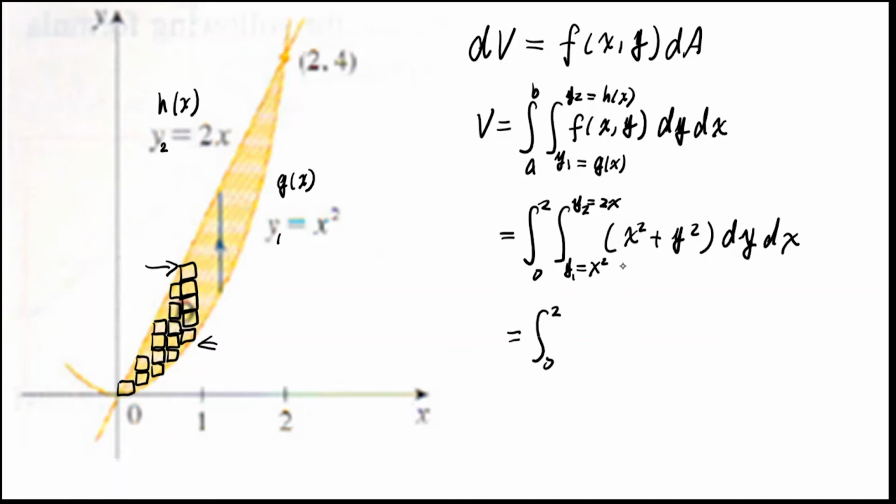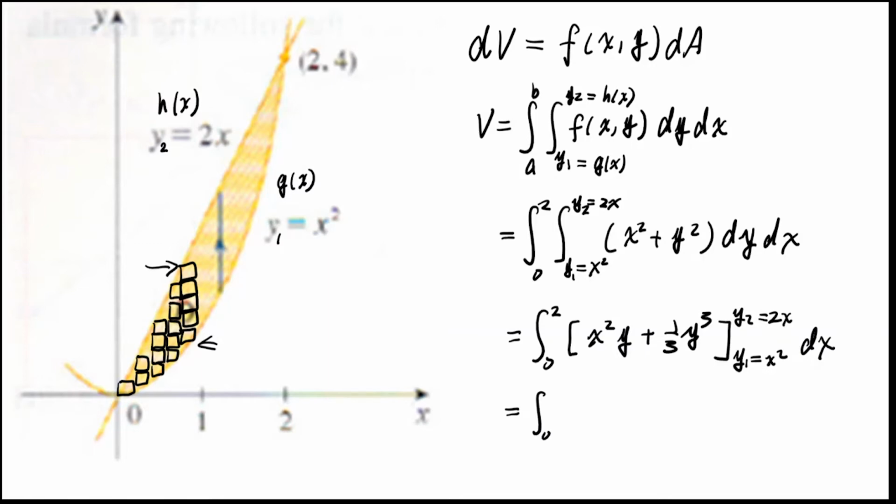So we evaluate that integral. We are holding x as a constant, so we'll pick up x squared y plus y cubed over 3, from y equal to x squared to y equal to 2x, dx. You with me? Say yes, say something so I understand whether you got this or not.